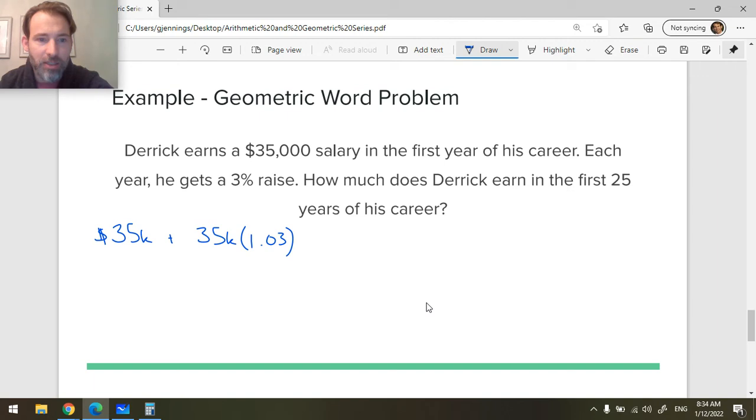This will be the same number as this, but bigger by 3%. That's his second year's earning. His third year's earning is 35K multiplied by, well, it's the same amount that he earned this year, but also with another 3% raise.